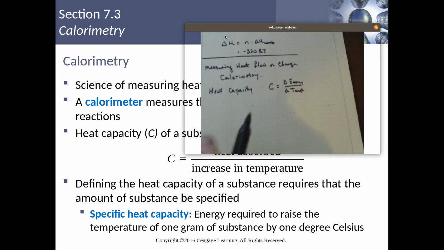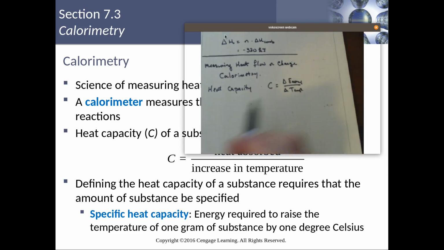But I have to be careful when I do that, because I can do this change at either constant pressure or constant volume. And I can have two different heat capacities.